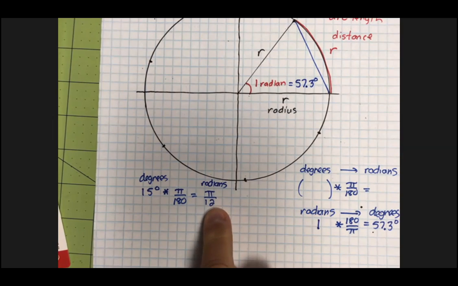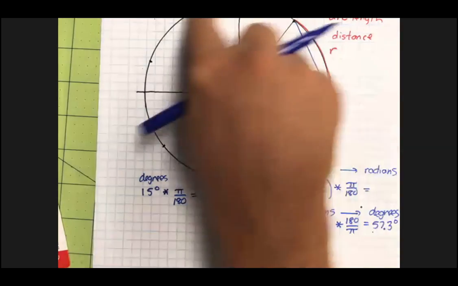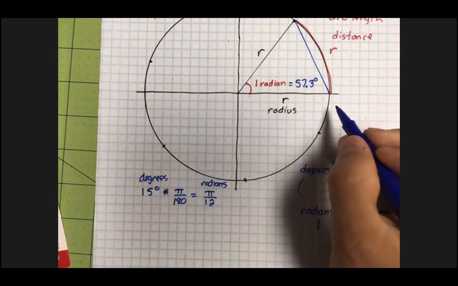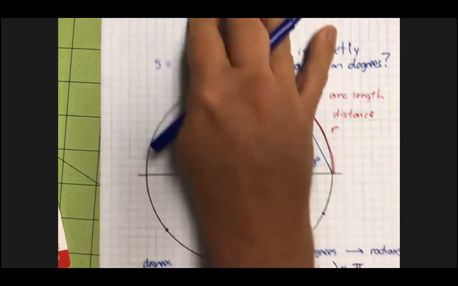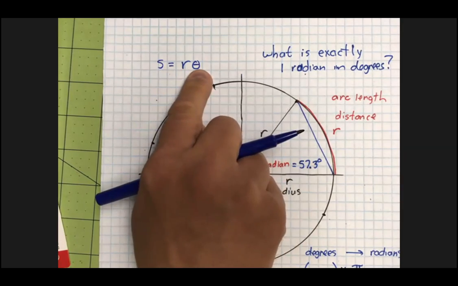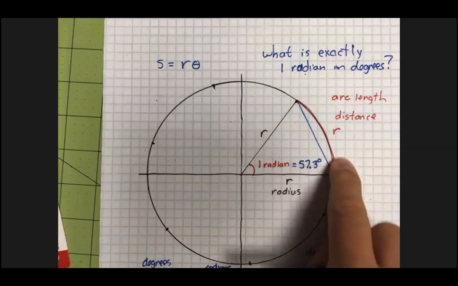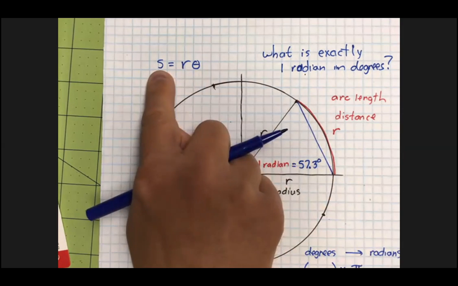How do you see pi over 12 radians on a circle? Well, remember, the whole walk around the circle is arc length 2 pi r. We're using this formula for arc length: radius times angle. If theta is 2 pi, the arc length, the arc walk, or the arc distance is 2 pi r.